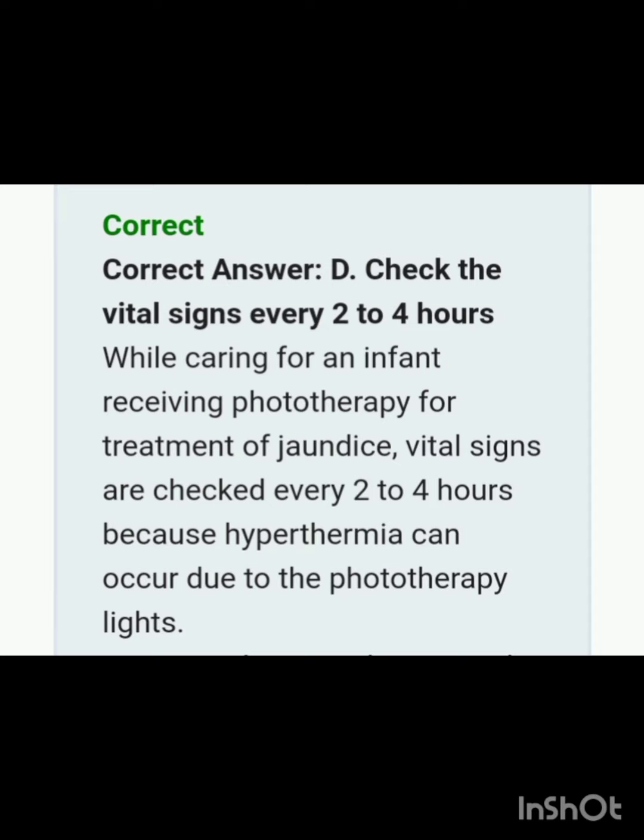We have to check the newborn baby's vital signs every 2 to 4 hours to avoid hyperthermia complications.